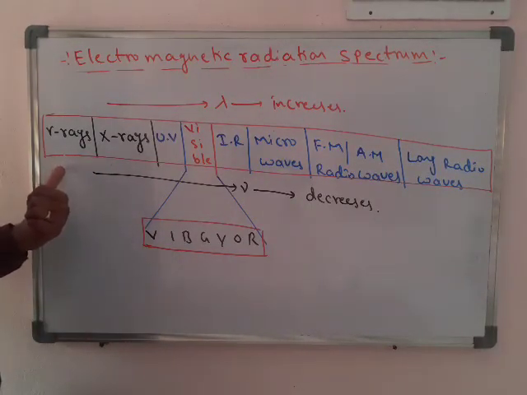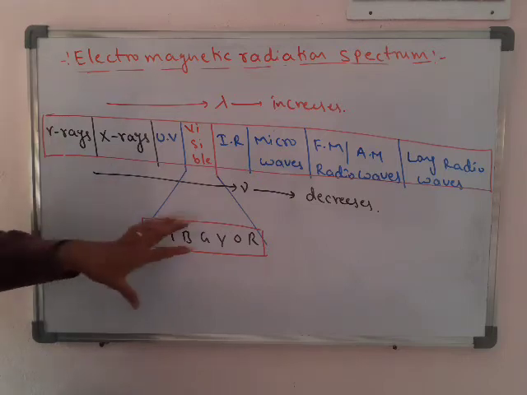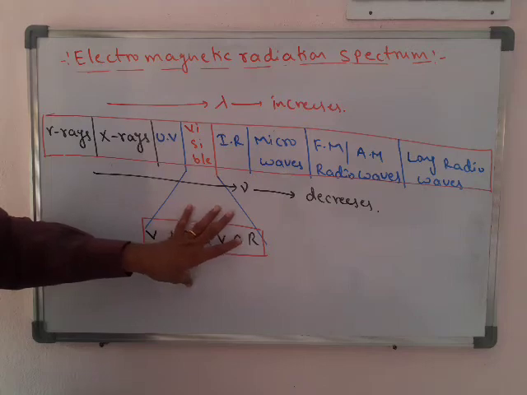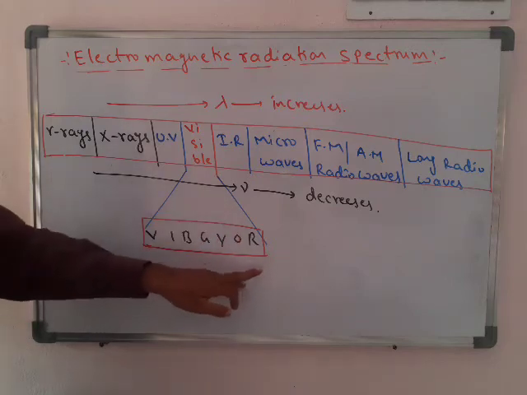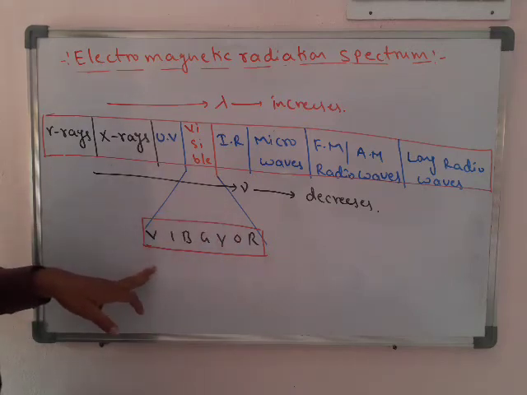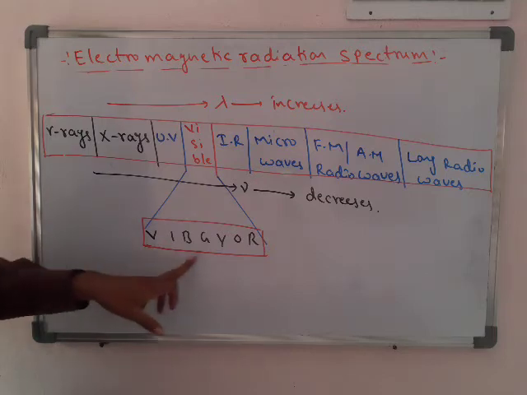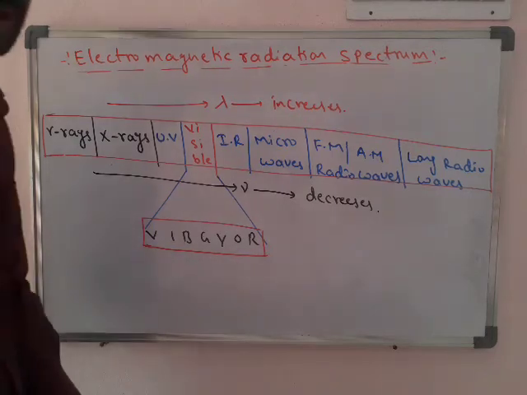We have to remember this too. In the pictures we can see them all. But violet has high frequency, and red has the highest wavelength.